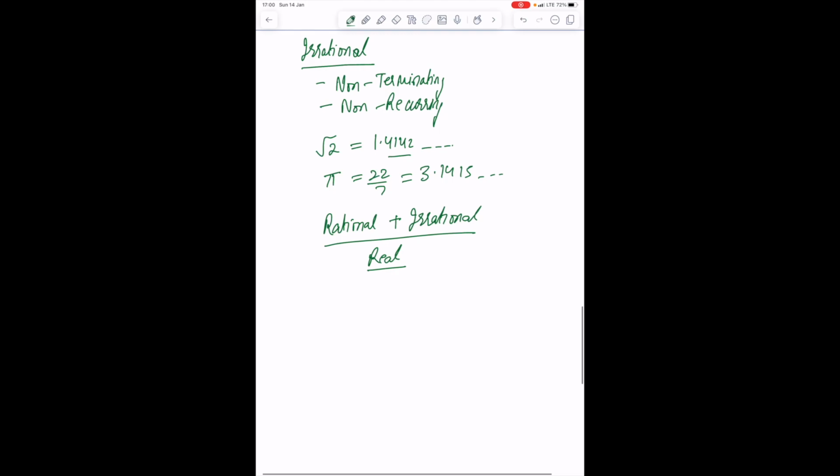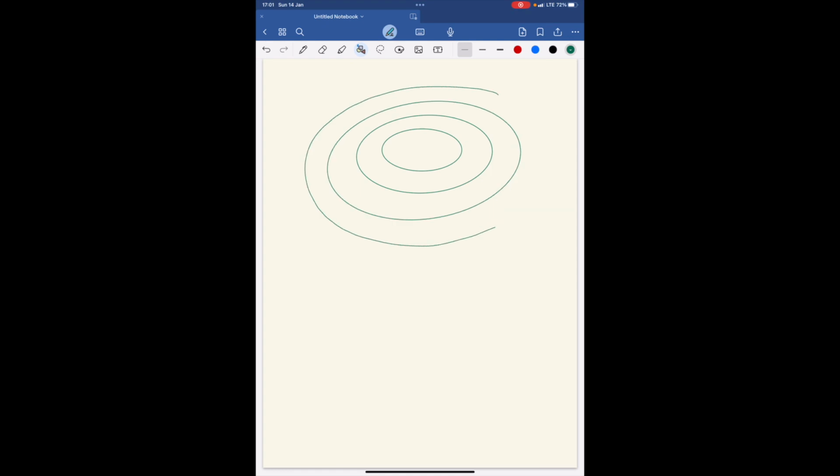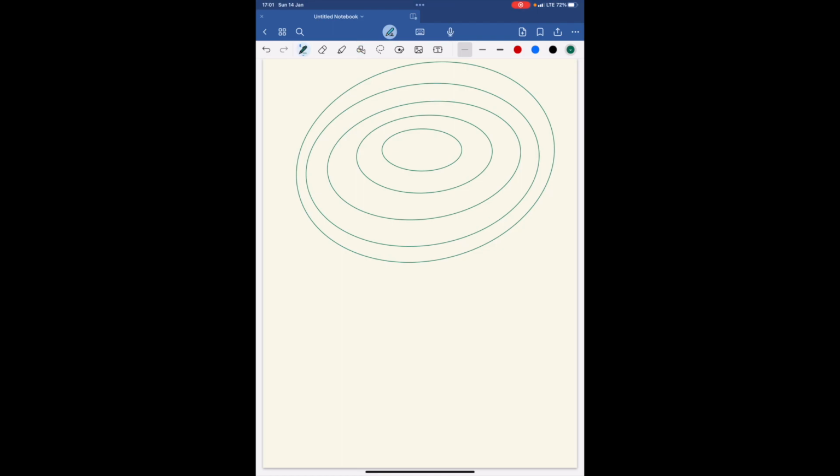If I have to understand through a pictorial representation, there can be one circle, then a bigger superset to it, then another bigger superset, and then the biggest superset of them all. The one in the center represents natural numbers.